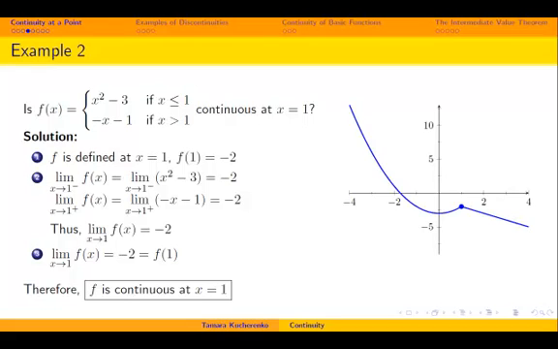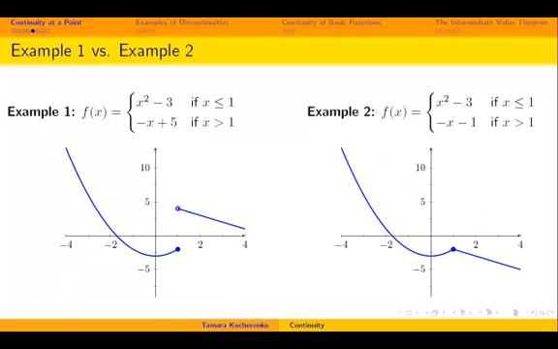Our conclusion can be verified graphically. We see that the graph of f does not have any breaks at x equals 1. Let's compare the previous two examples side by side. The only difference is the location of the linear piece.